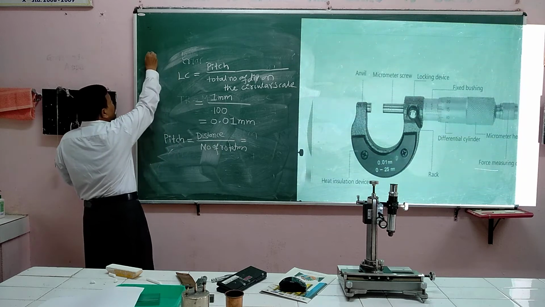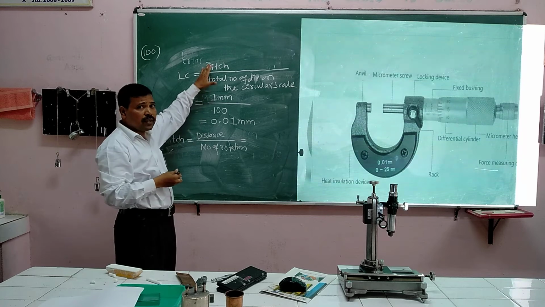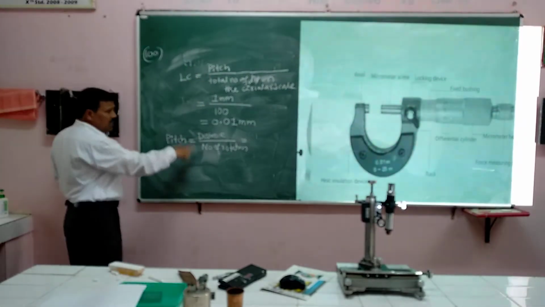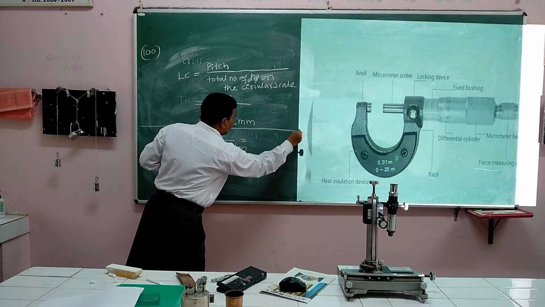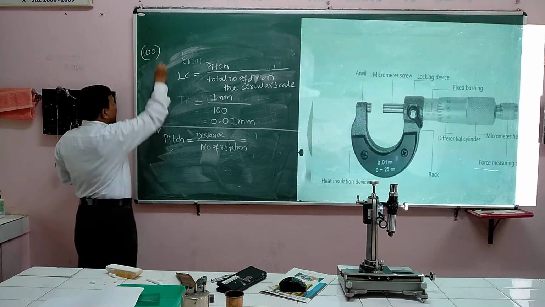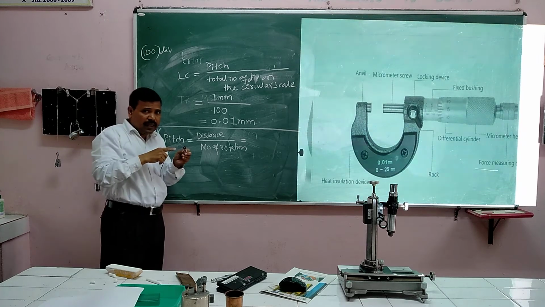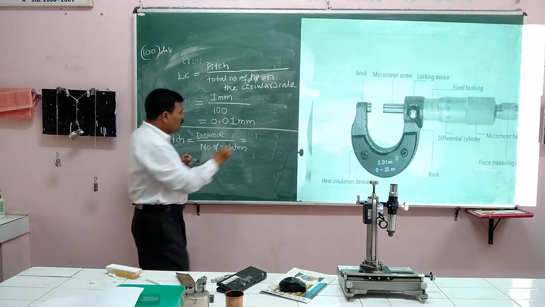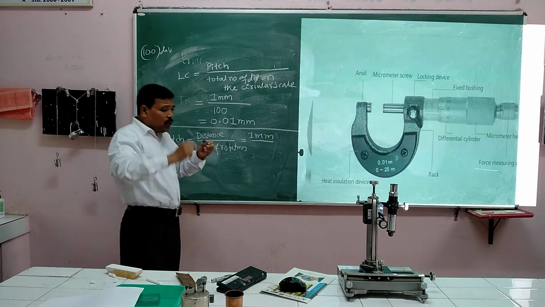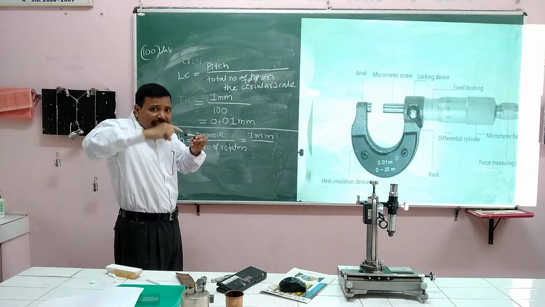This is the circular scale which has 100 divisions. This is the circular scale which has 50 divisions. Here, the distance traveled will be 1 millimeter when 2 rotations are completed.